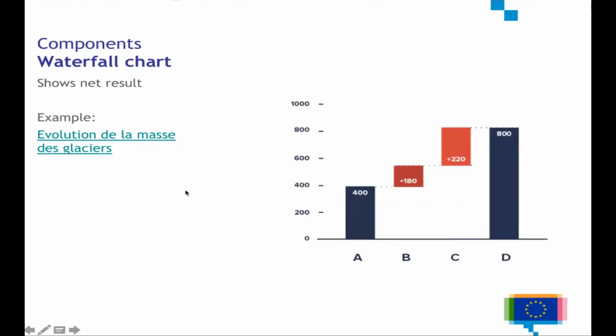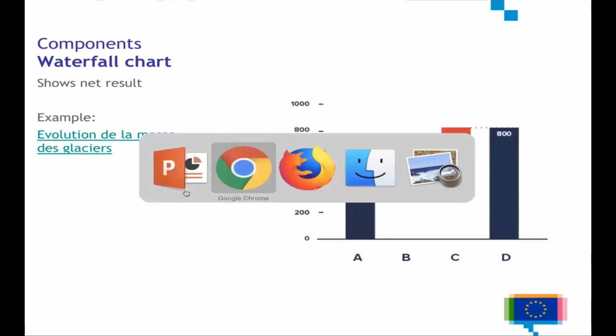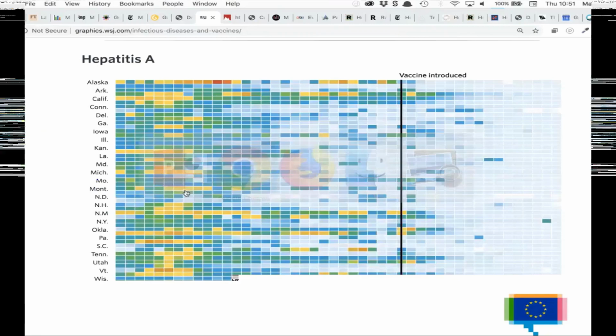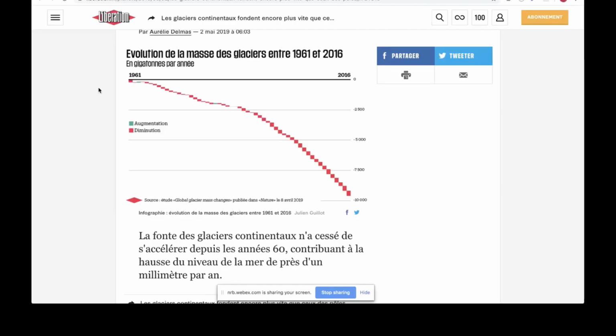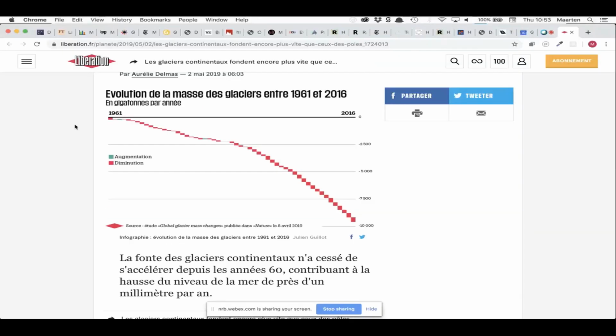I also have another example of the waterfall chart showing you how the ice in glaciers melted in a specific year, but they are arranged in a way that you can also see the cumulative effect. You have some years here in the 60s, for example, where the ice grew instead of disappearing, and so there you have a rectangle going up.